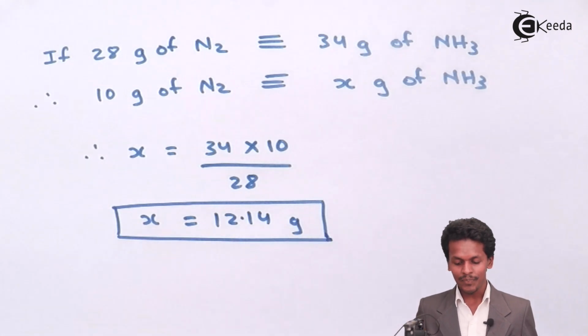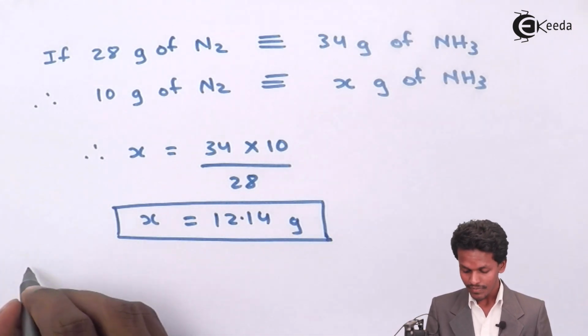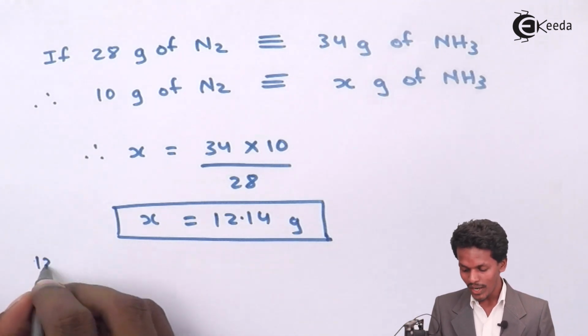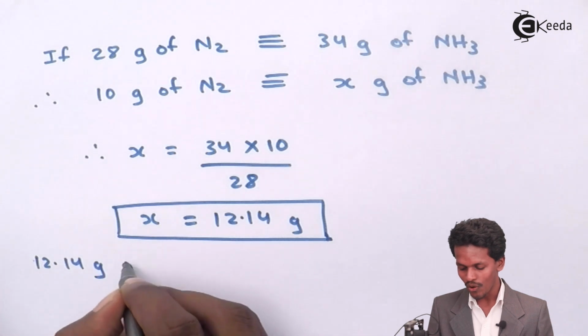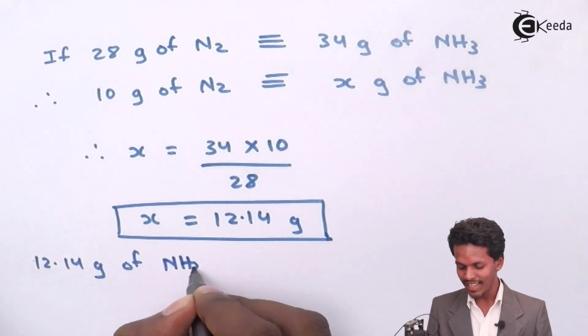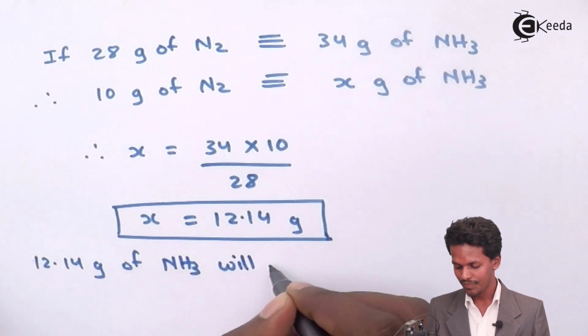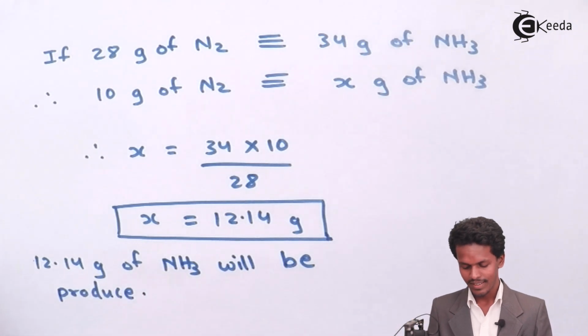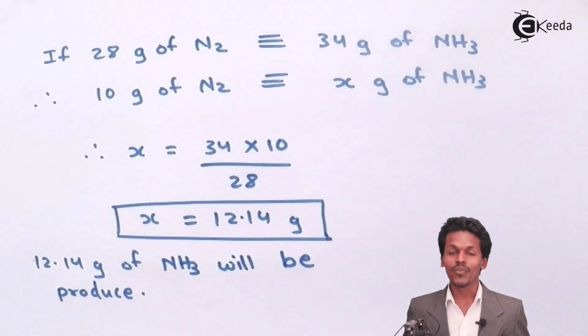So it indicates that if we take 10 gram of nitrogen, then 12.14 gram of ammonia, that is NH3, will be produced.